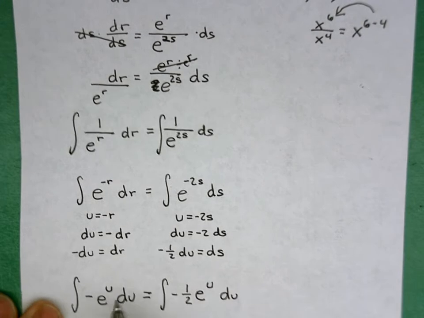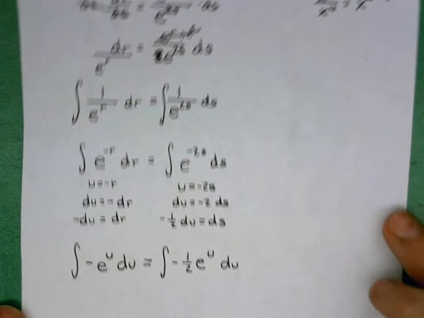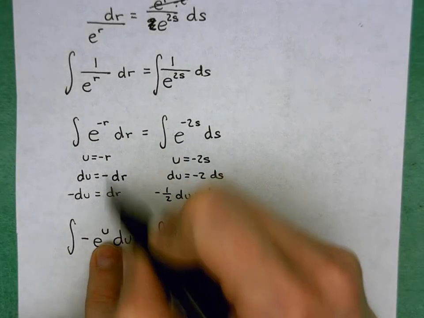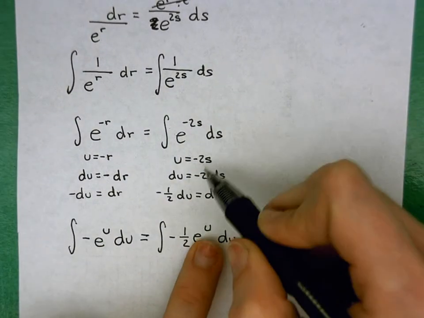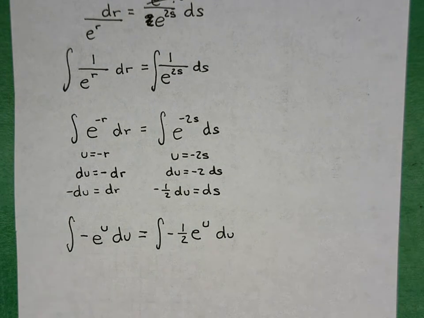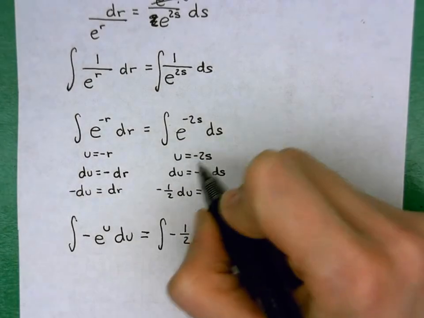Now what's important is that we've made a distinction here: this u is negative r and this u is negative 2s. Those are two distinct u's, and so if that's going to be confusing for you, you could subscript this, make this u sub 1, u sub 2.